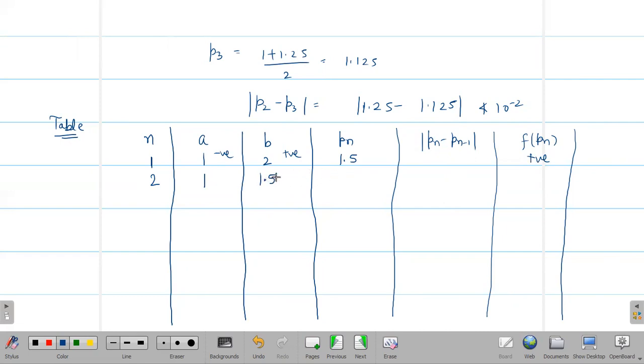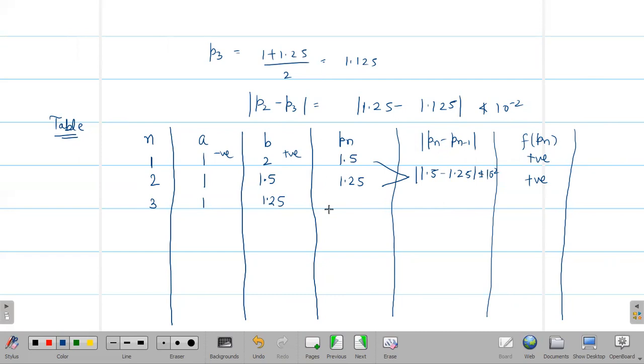So now again you take the midpoint 1.25. Now you will check this 1.5 minus 1.25. This is not less than 10 raised to power minus 2. Okay, so now check the sign of f at 1.25. It is positive. So now in the third iteration, again you take 1 here, you replace 1.5 with 1.25.